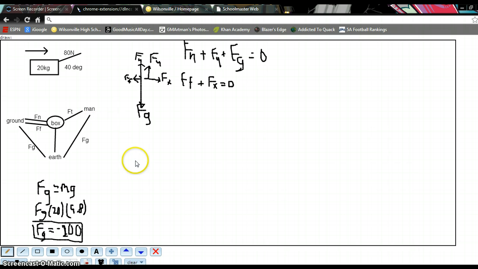Then you solve for Fx and Fy using sine and cosine. So to solve for Fy, you would do the sine of the angle is equal to Fy over your force.